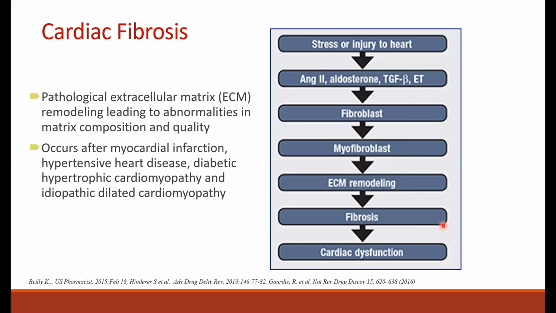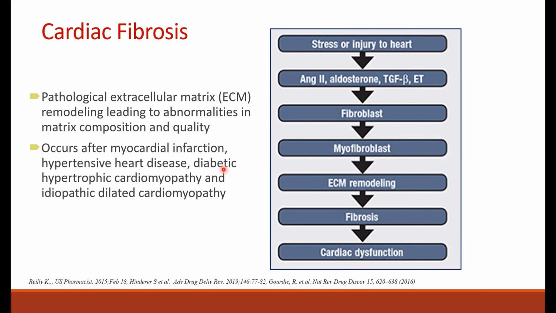Cardiac fibrosis is the pathological extracellular matrix remodeling, which leads to abnormalities in the matrix composition and quality. In the simplest format, ECM deposition is a protective mechanism that can be beneficial for wound healing and tissue regeneration. However, excessive ECM deposition, particularly collagen, leads to impaired tissue function, decreased compliance, and leads to arrhythmias.